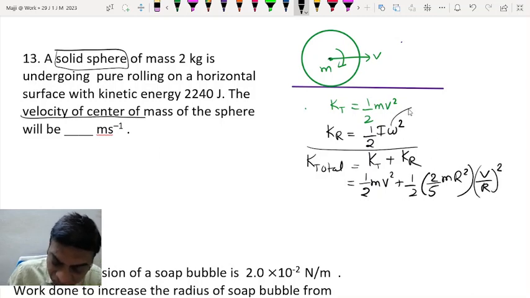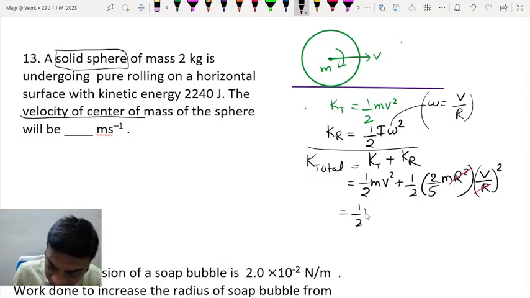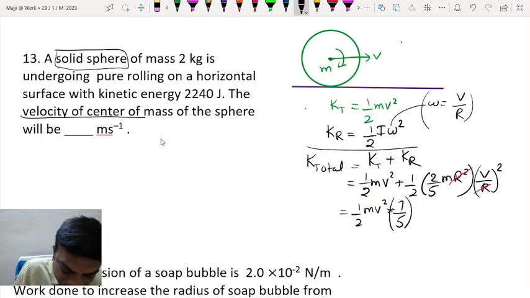So I am eliminating omega, writing it as v by r. Then r square gets cancelled, and taking half mv square common, we have 1 plus 2 by 5, that is 7 by 5. Now here it is given that the kinetic energy is 2240. So let us equate this.